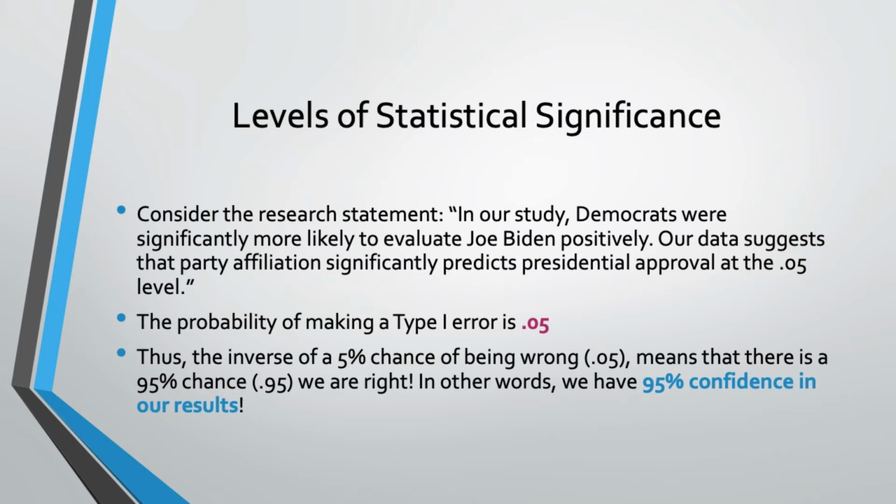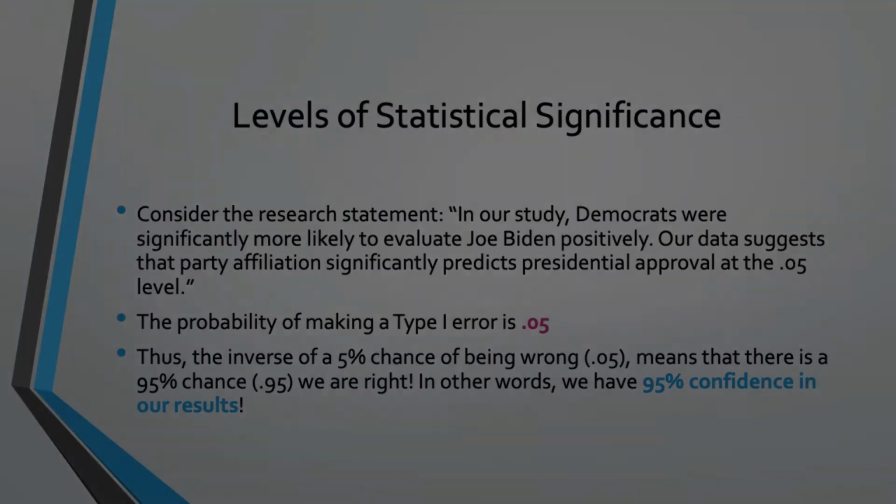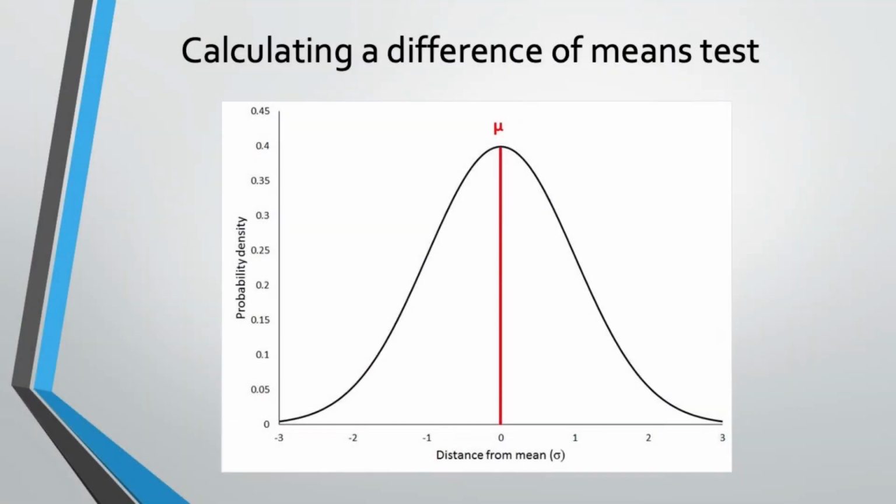Another way of thinking about this is that the inverse of a 5% chance of being wrong means that there is a 95% chance that we are right. So in other words, we have 95% confidence in our results. And this is why understanding the normal distribution and standard deviations and z-scores is so important. They will guide everything that we continue to do in this course.